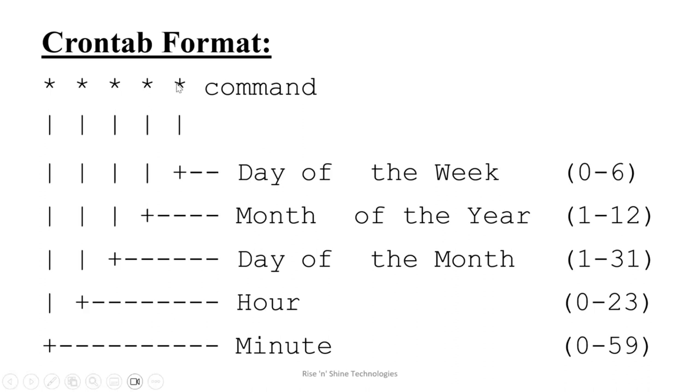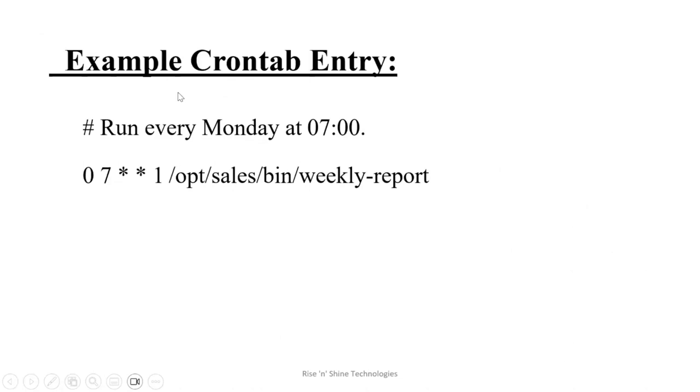But day of the week, on which day? Monday. Which starts this Sunday? The Monday is 1 if we define it. So 0, 7, asterisk, asterisk, 1. So this is the meaning of every Monday at 7 a.m.